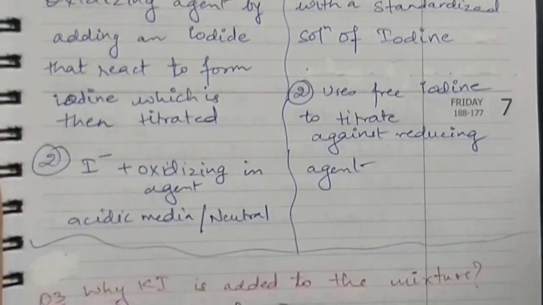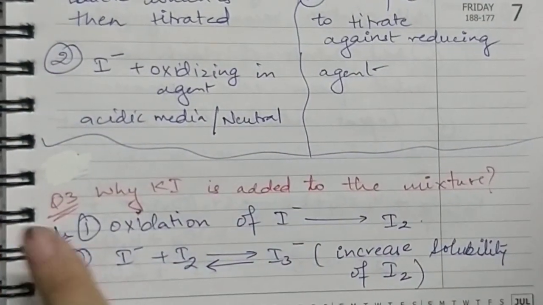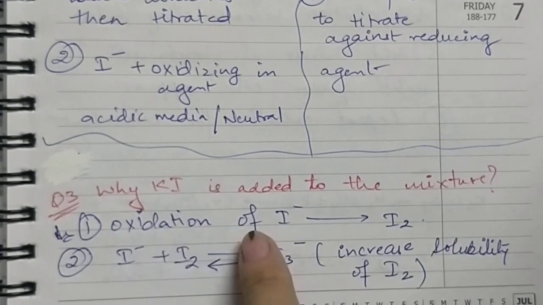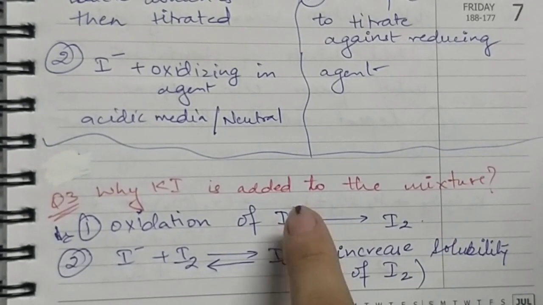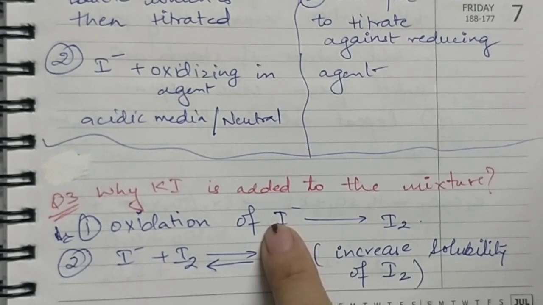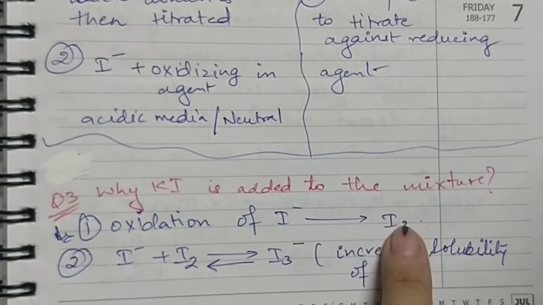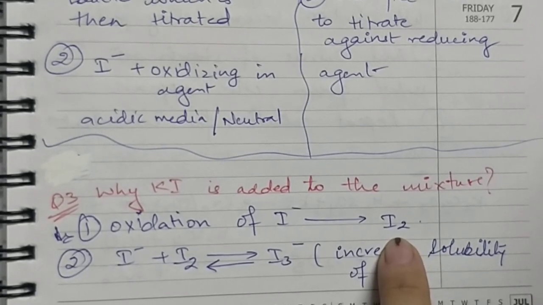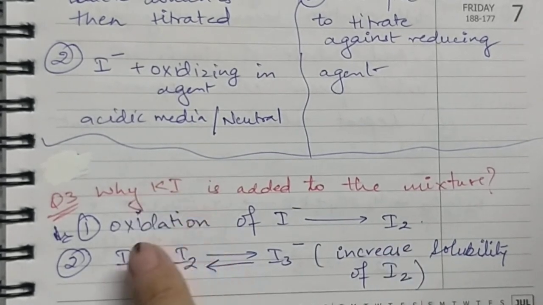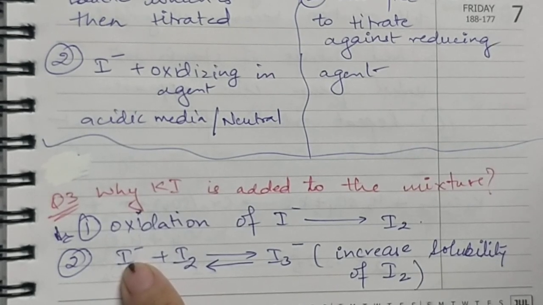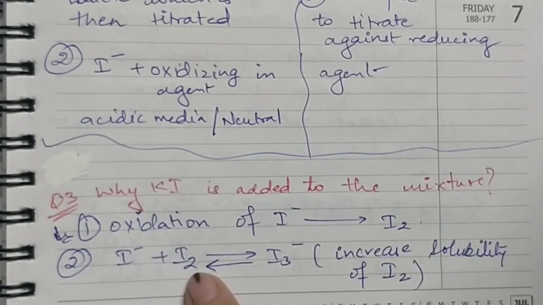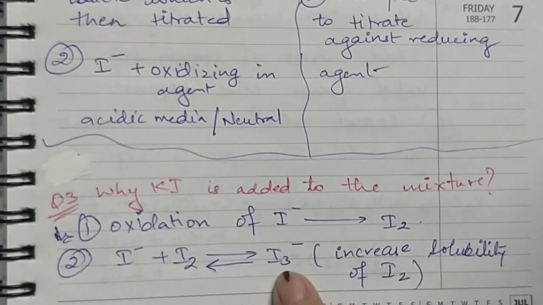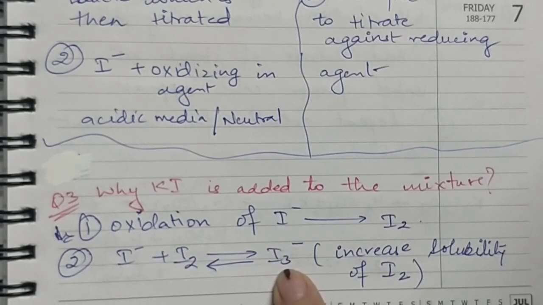Okay class. Now the next question to this titration is why we add KI to the mixture. As I told you above, iodide ion is added so that the oxidizing agent can oxidize iodide to iodine, which we can quantify with the help of a titration. And the second purpose of adding KI is that the iodide ion present in KI will react with I2 and fix it in the solution by making a triiodide ion.